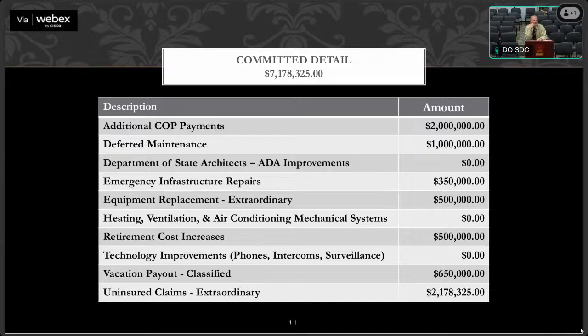We have emergency infrastructure repairs and the equipment replacement extraordinary, in case we have a couple of old boilers that are not going to last too much longer. So we want to make sure that we have money in reserves to protect that. Retirement costs still increase, and our vacation payout for classified.